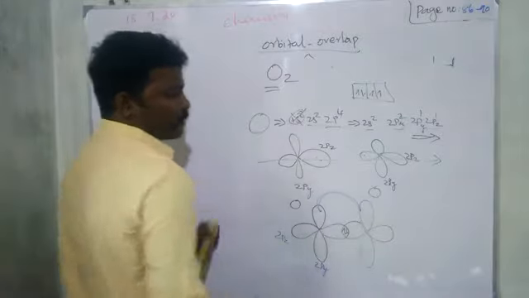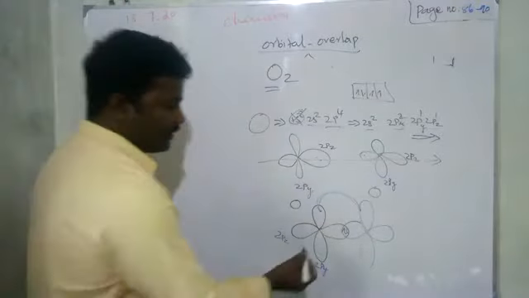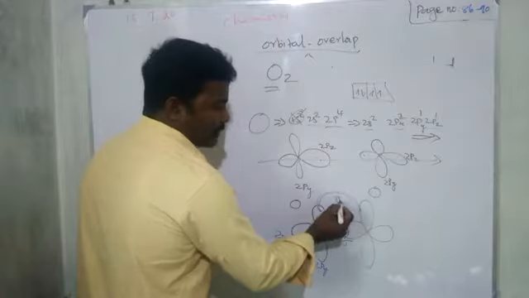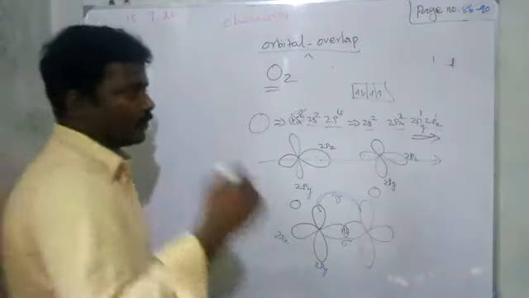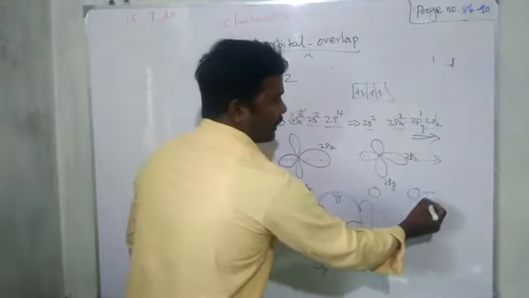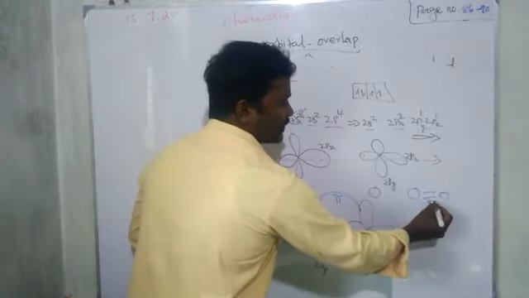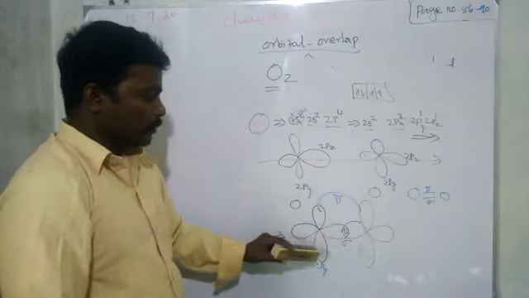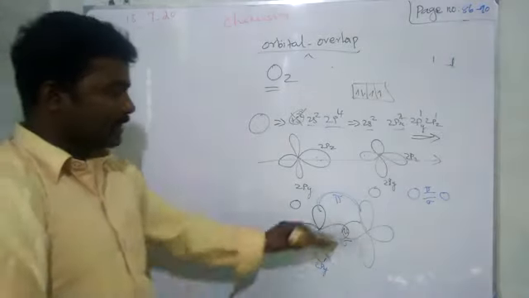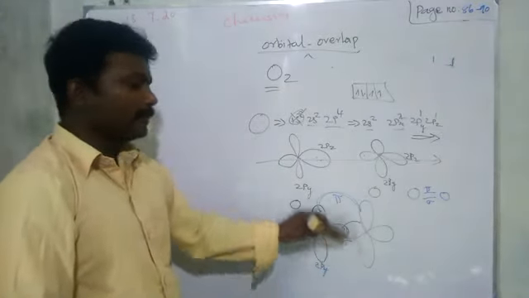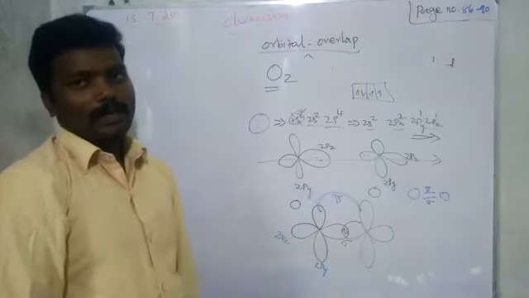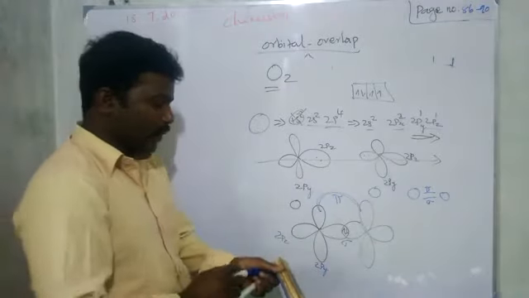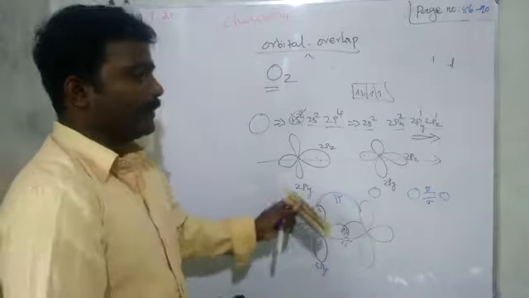So this bond becomes sigma, this bond becomes pi. That's why if you write the oxygen molecule, we write a double bond. The first bond is a sigma bond, another bond is a pi bond. Head-on overlap forms a sigma bond, and sideways overlap, perpendicular to the molecular axis, forms a pi bond.